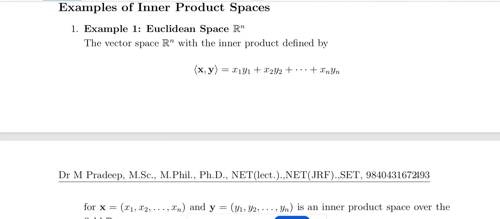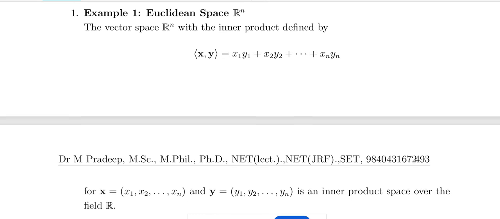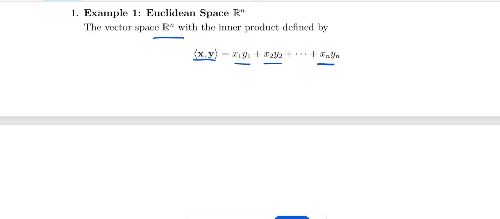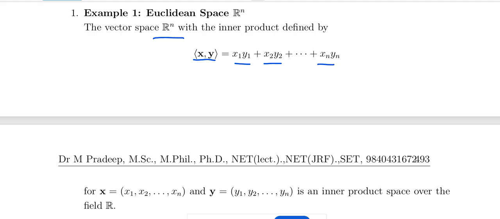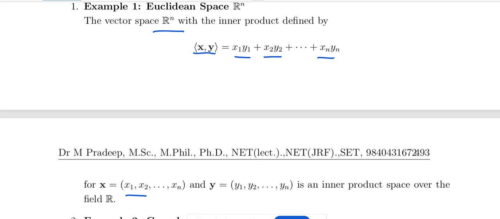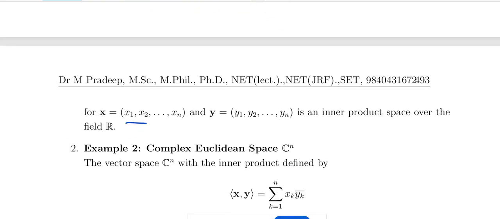The example for the inner product space: the vector space R power n with inner product defined by (x, y) equal to x1 y1 plus x2 y2 plus and so on plus xn yn. Here x is an n-tuple x1, x2, ..., xn, and y is also an n-tuple y1, y2, ..., yn.